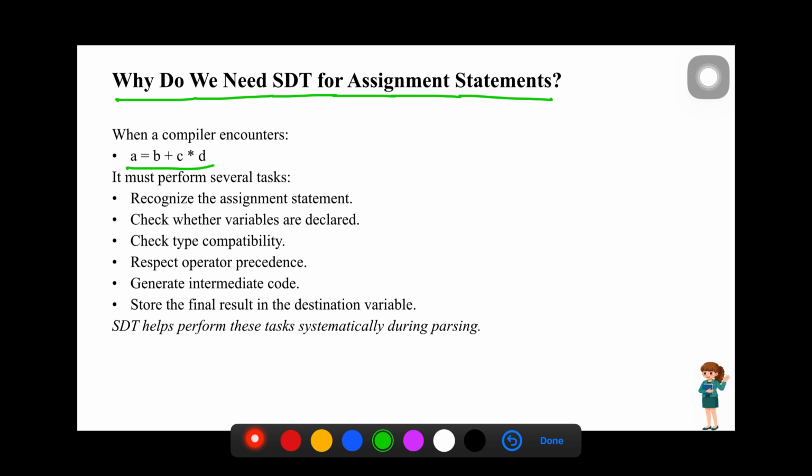It first calculates C into D, then it calculates B plus that result, and finally it assigns the result to A. SDT allows us to associate these translation operations with the grammar. It can also help with type checking and intermediate code generation. Therefore, SDT provides a systematic way to translate assignment statements. I hope you guys understood. Let us move on to the next slide.